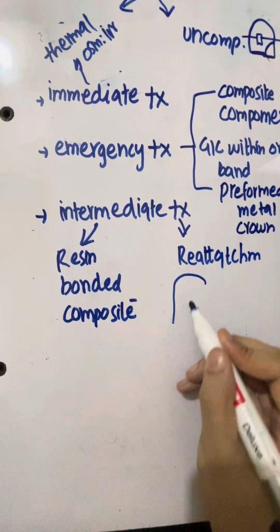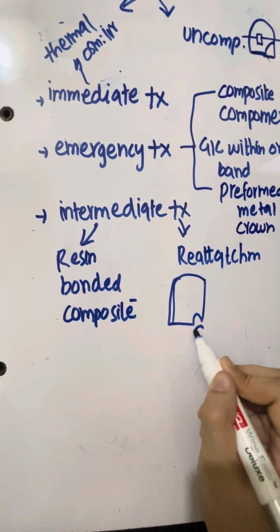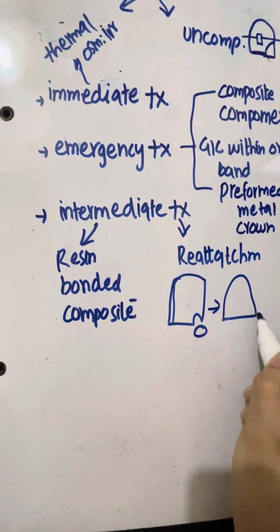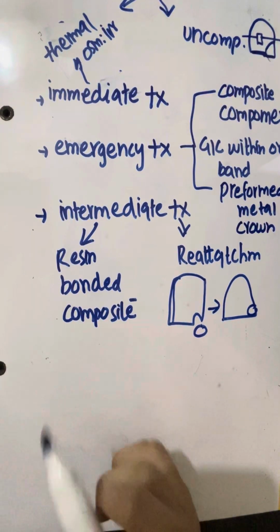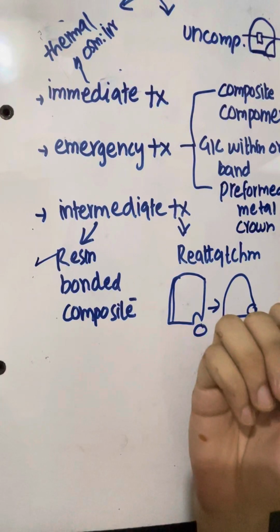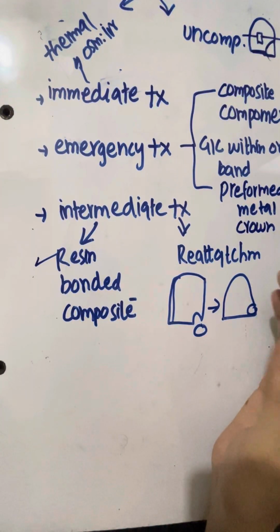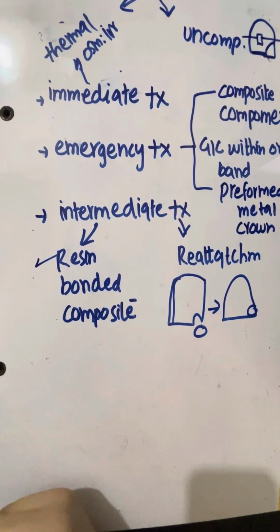If there is loss of enamel and you have the fragment with you, then you can reattach it. Reattachment is further divided into two options that we have to consider.